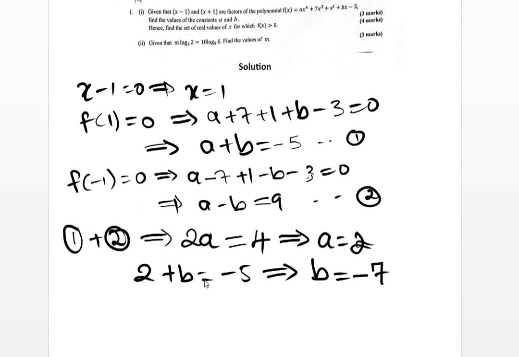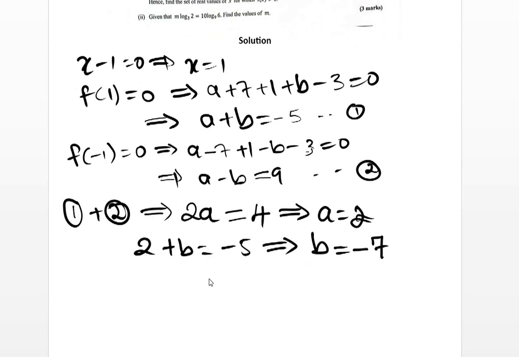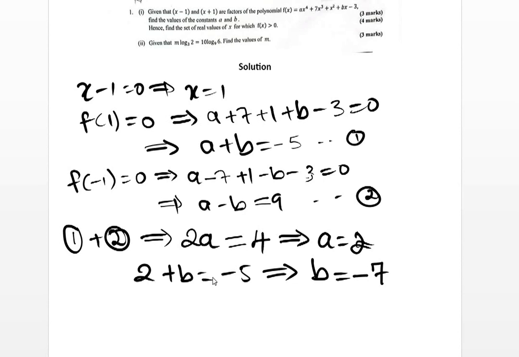Now, we have to use these values of a and b, that's a is 2, b is negative 7, to solve the inequality f of x greater than 0.